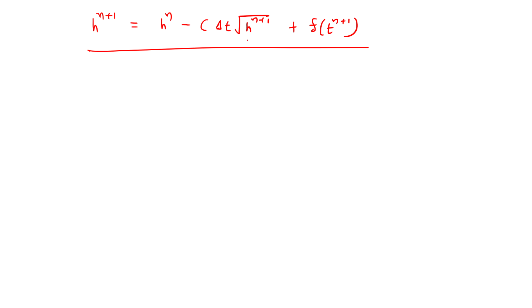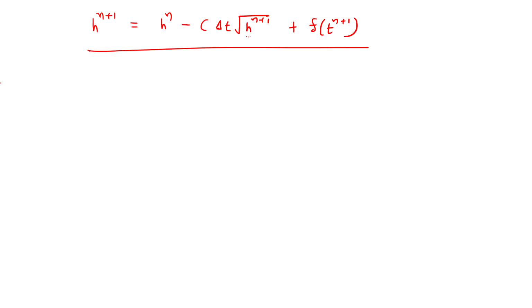My expression is h^(n+1) is equal to h^n minus c delta t root of h^(n+1) plus delta t f of t^(n+1). By no means can I combine this h^(n+1) with this h^(n+1) to find the formula for h^(n+1). So the direct solution of h^(n+1) does not exist.